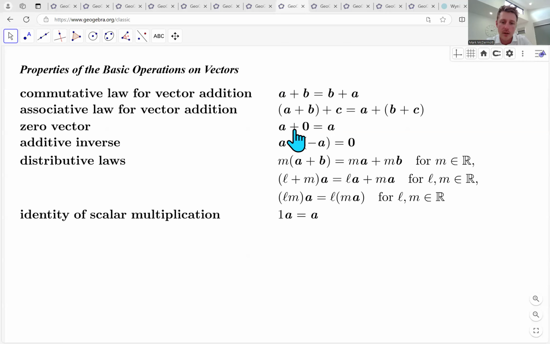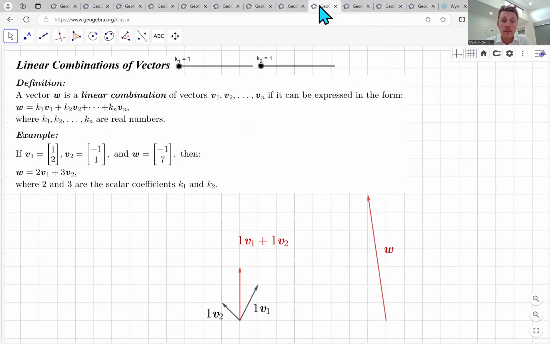Something like this: the A vector plus the 0 vector just equals the A vector. In number land, we just have 2 plus 0 equals 2. I'll put a link for that if you want to explore each of these in more detail, because I've shown each one with a picture elsewhere. So feel free to go do that.